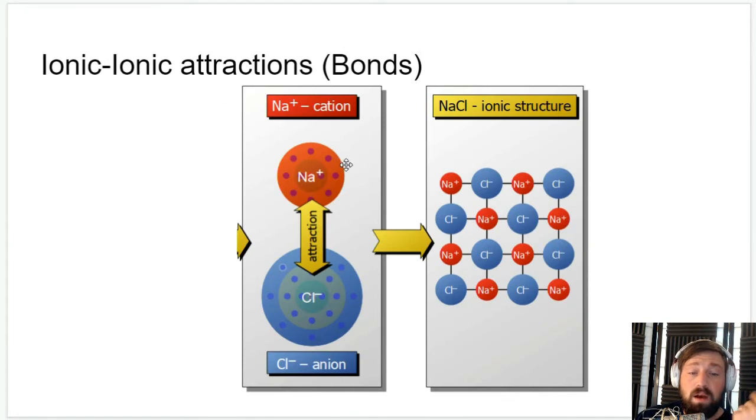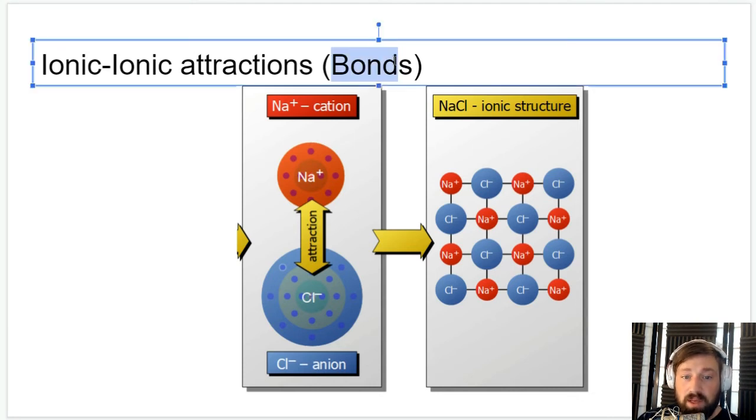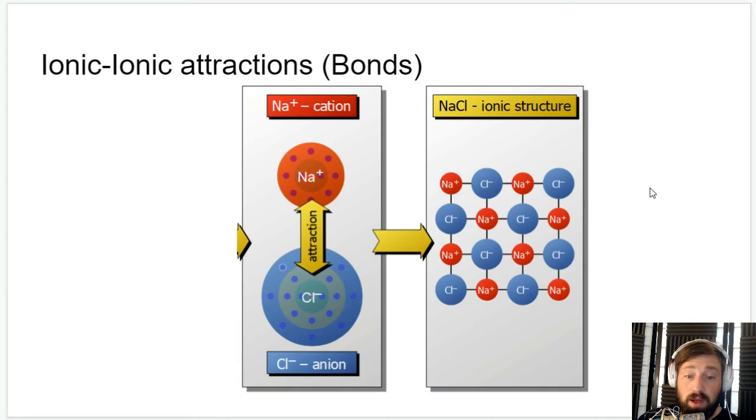On the flip side of that, sometimes you will hear about ionic attraction. Ionic attraction is just describing an ionic bond where you have two ions, the chlorine and the sodium in this case. They have some sort of attractive force with one another, and you would say that this is an ionic attraction, but it definitely is a bond.